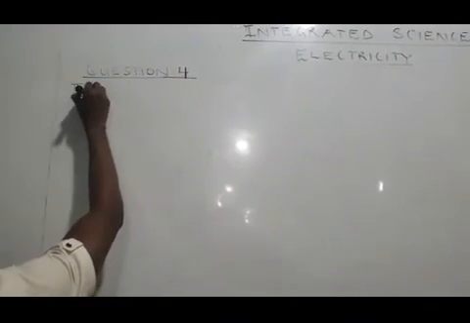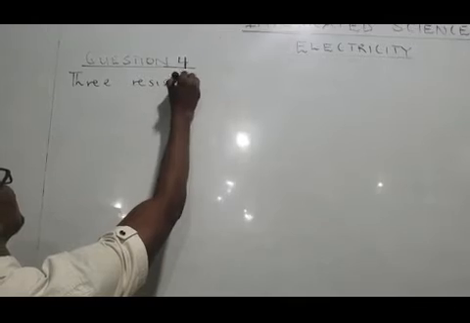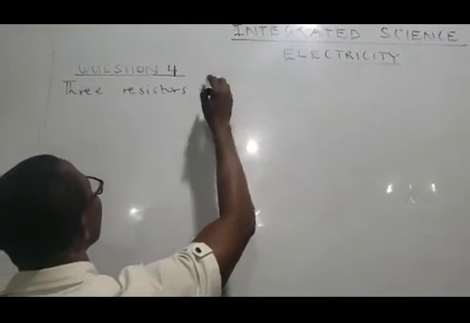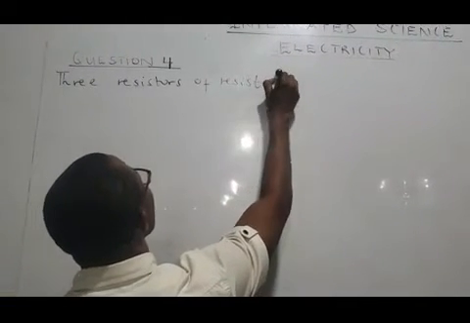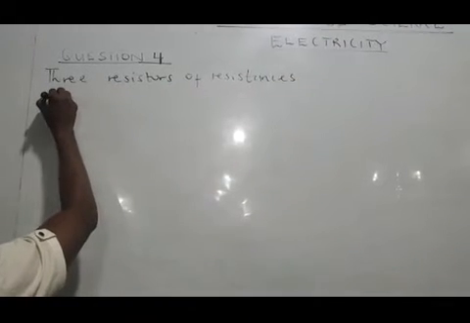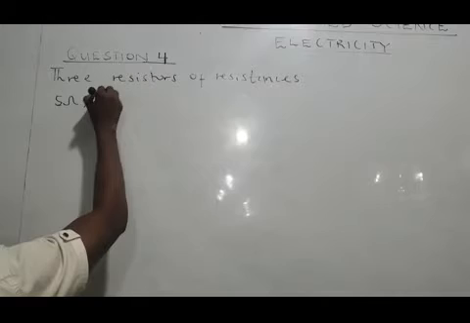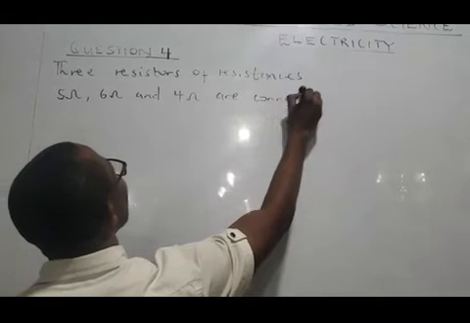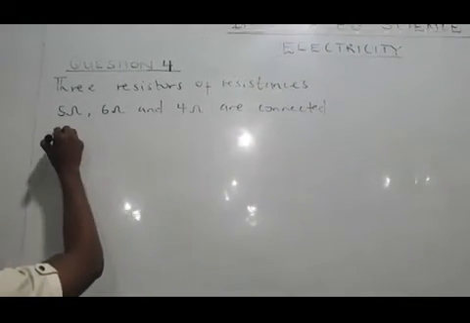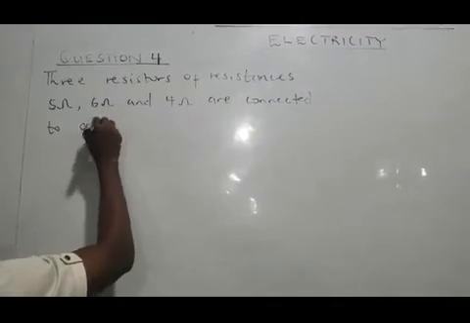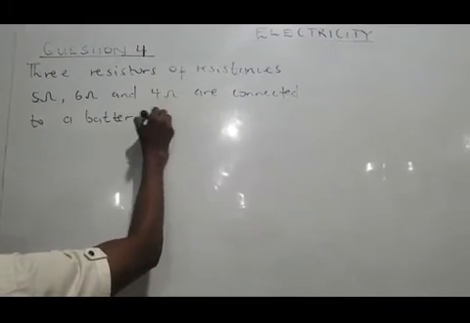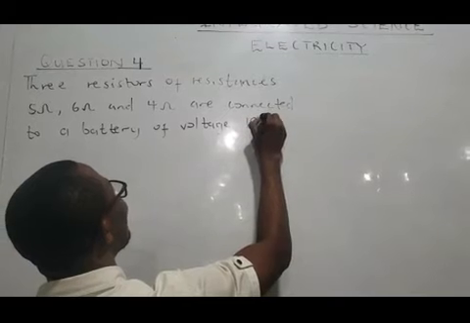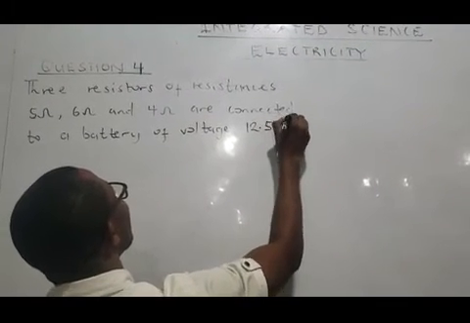Let's say this. So 3 resistors of resistances (5 ohms, 6 ohms, and 4 ohms) are connected to a battery of voltage (12.5 volts).